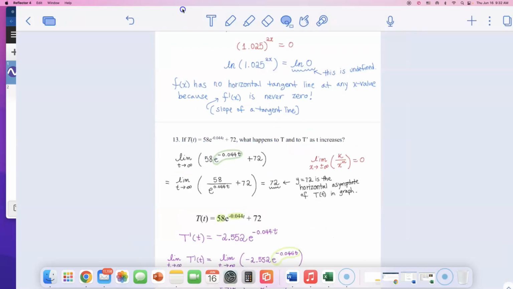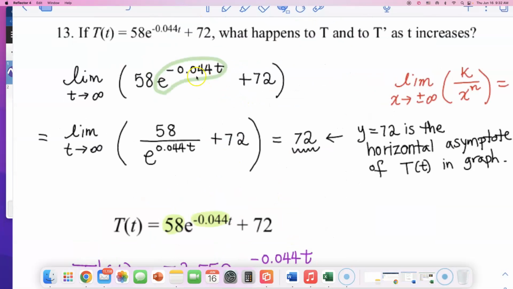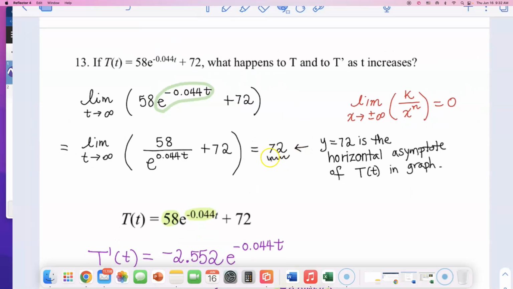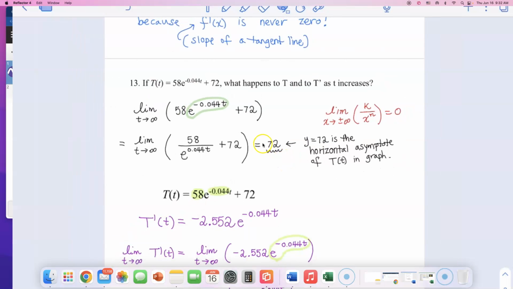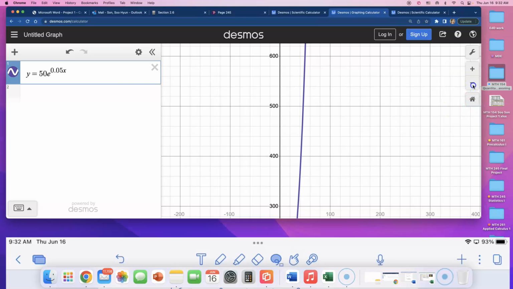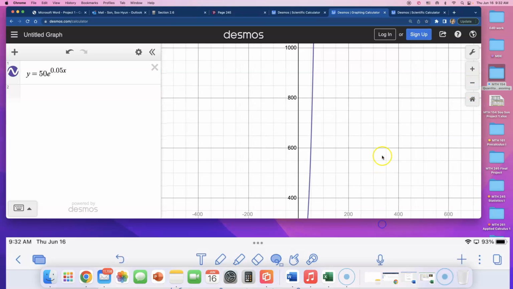But if you run into an exponential decay function that's going down to a specific value, I would like for you to mention what those numbers are. But if it's just an exponential growth function that's going up without bound, you can just say increases and that will be okay.